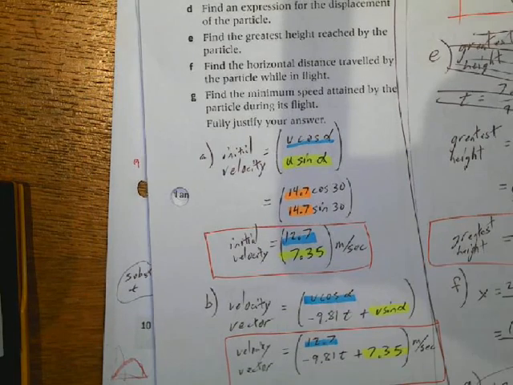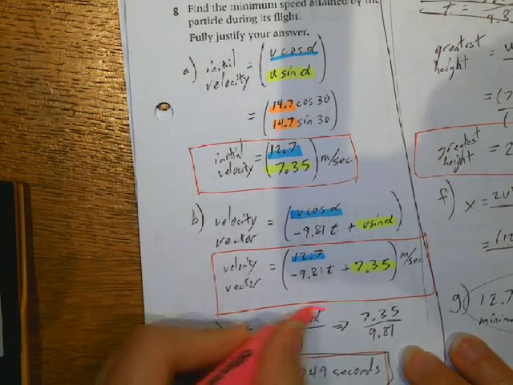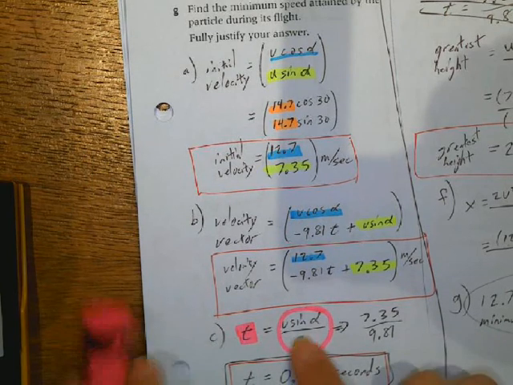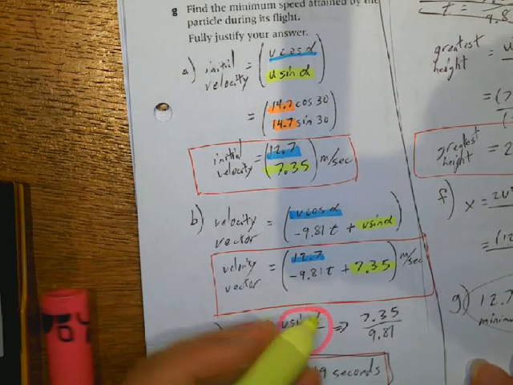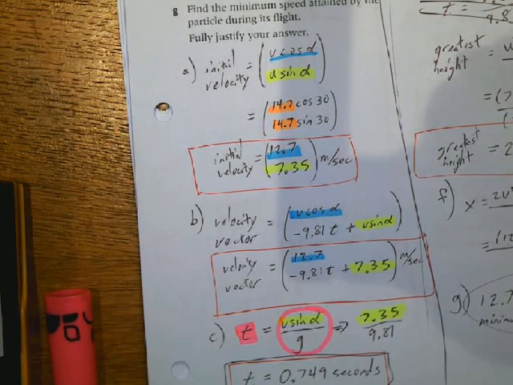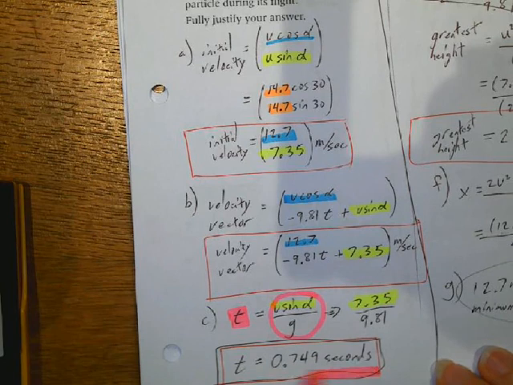So using that formula, u sine alpha over g, right? U sine alpha, we know, is 7.35, and gravity, we're using 9.81. So my maximum height is 0.749.